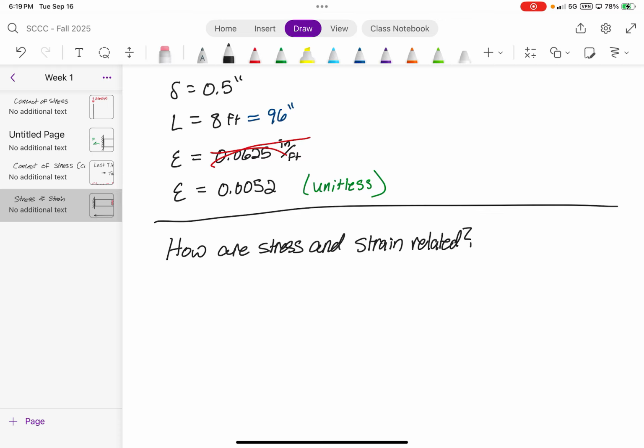This modulus of elasticity, we call the letter E, is a material-dependent property. It's basically a measure of how stiff a material is based on the material property itself.